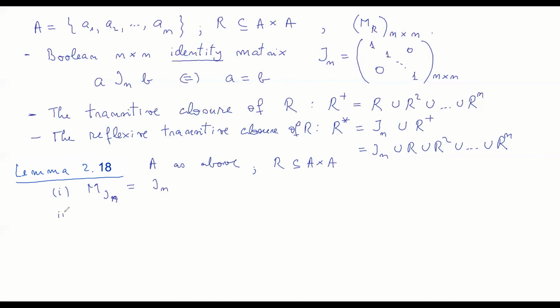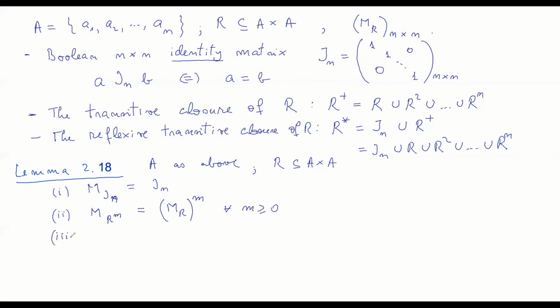And the second point I want to make is that the matrix corresponding to the power relation, remember we have defined this in the beginning of this lecture, is exactly obtained by taking the matrix corresponding to R and raising it to power m. And this is true for all m greater than or equal to 0.